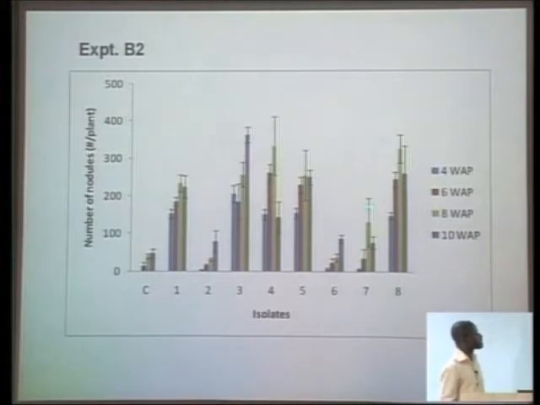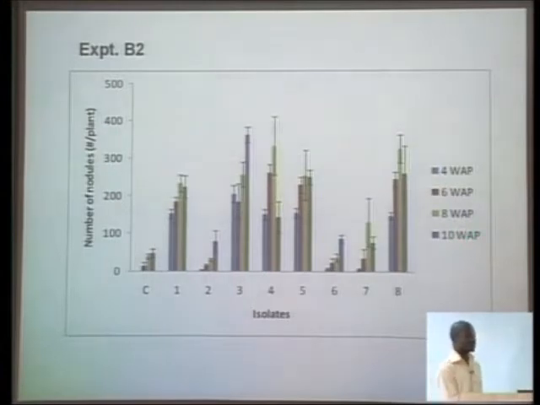It increases from 4 weeks after planting, hits its peak at 8 weeks after planting, and begins to decline at 10 weeks after planting. But isolates 2, 3, and 6 continue to increase in nodal formation later, at 10 weeks after planting.